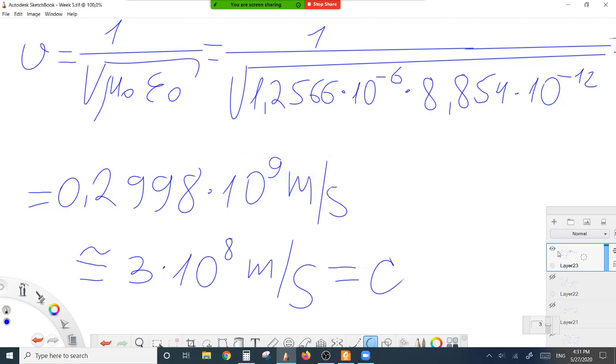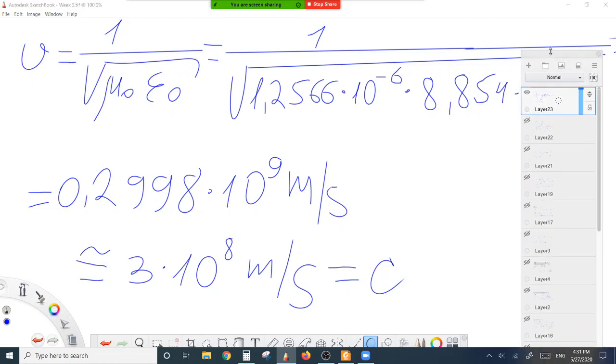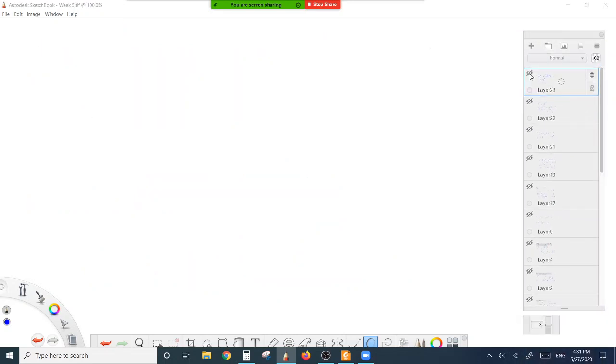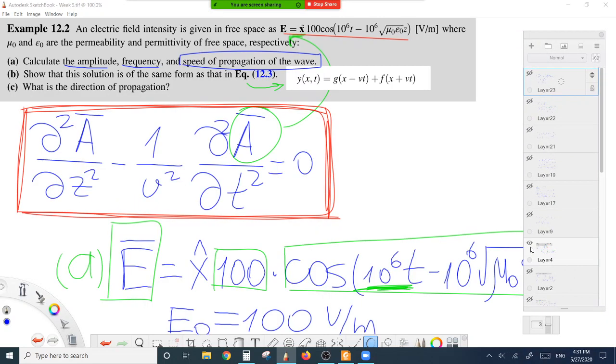Okay, now the second part of the exercise. Now we finished the first part of the exercise. What about the second part? Show that this solution is of the same form as in equation 12.3, and equation 12.3 is this.